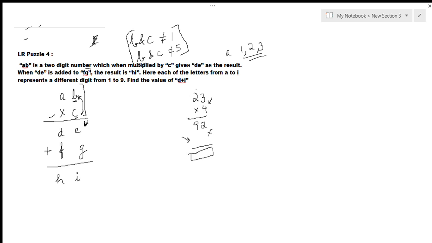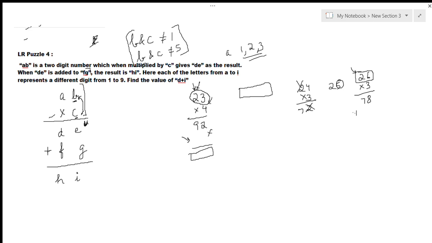So if the smallest 2-digit possible number starting with 2 is not possible, how can other digits be possible at this place? Let us say 24 into 3 becomes 72, ruled out. 25 cannot be there because we cannot put 5. 26 into 3 is 78. Why can't it be there? Because we have already taken a number which starts with 2.